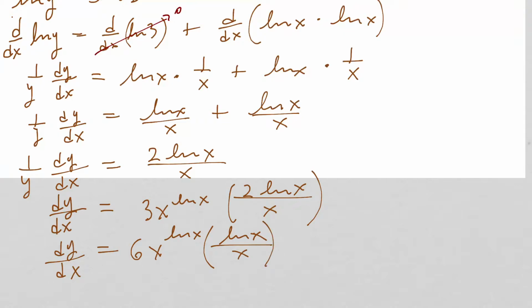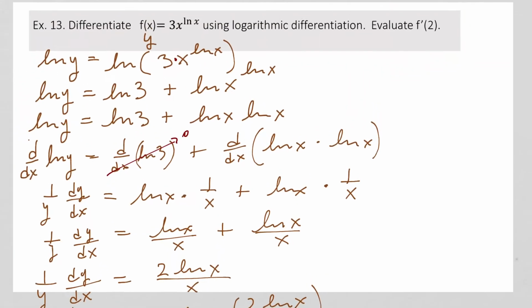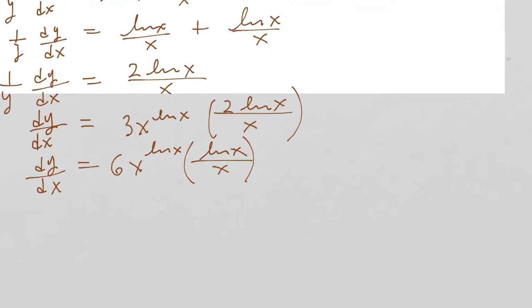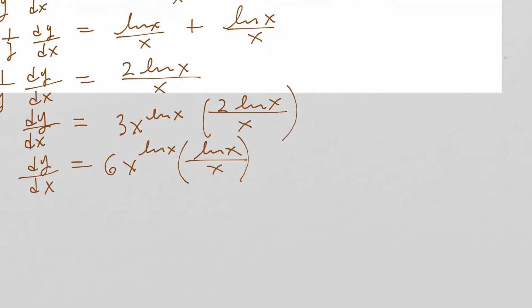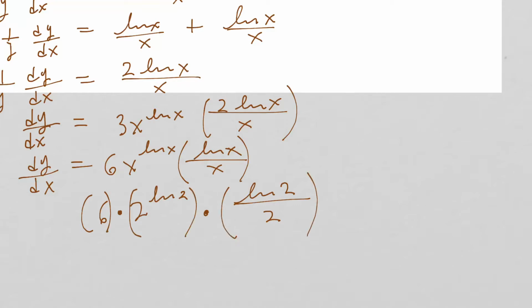All right, and now we're asked to evaluate it at 2. So we're going to substitute 2 everywhere I have an x. So then I've got times the natural log of 2 divided by 2. So I've got 6 times this, which I can do in pieces, or I could type it in all at once.